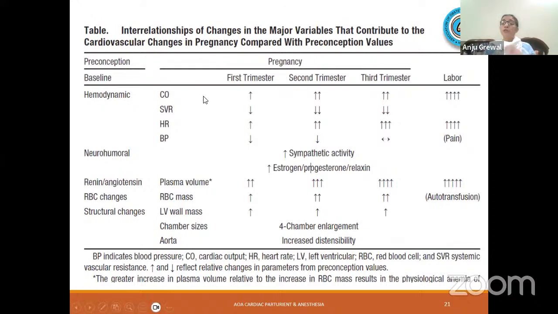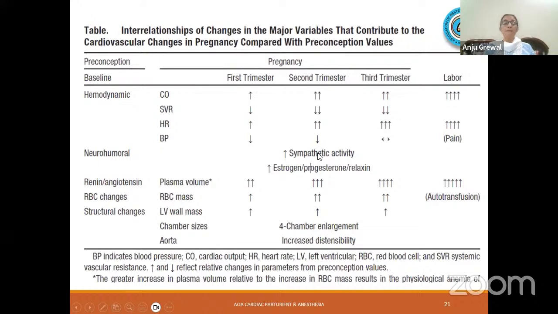Okay. So we need to understand that there is a hypervolemic state happening in this mother. And to compensate for that, what does the heart do? It increases its stroke volume initially, and then it also increases the heart rate. So there is a resting tachycardia and an increased stroke volume, right? And of course, the blood pressure is kept normal because the systemic vascular resistance drops consequent to the increase in the cardiac output.